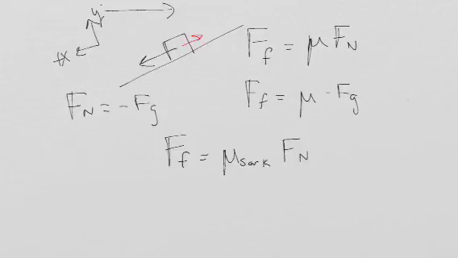So you have things like rubber on dry concrete versus rubber on wet concrete. Okay, you've got steel on lubricated steel. And that comes into play in something like an engine, when two parts of an engine are actually rubbing together.